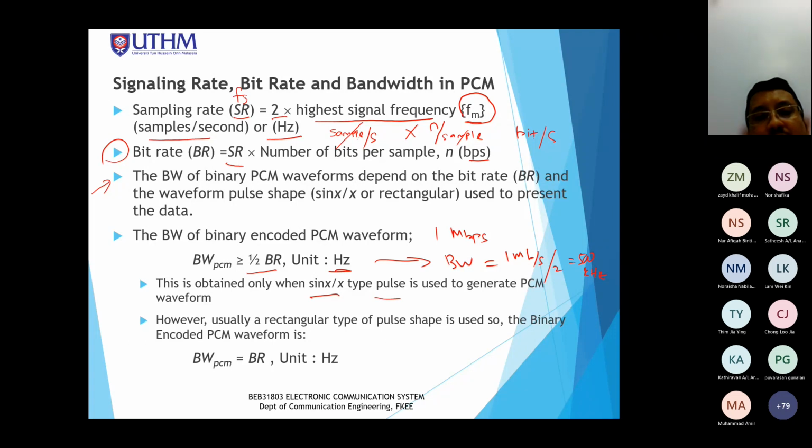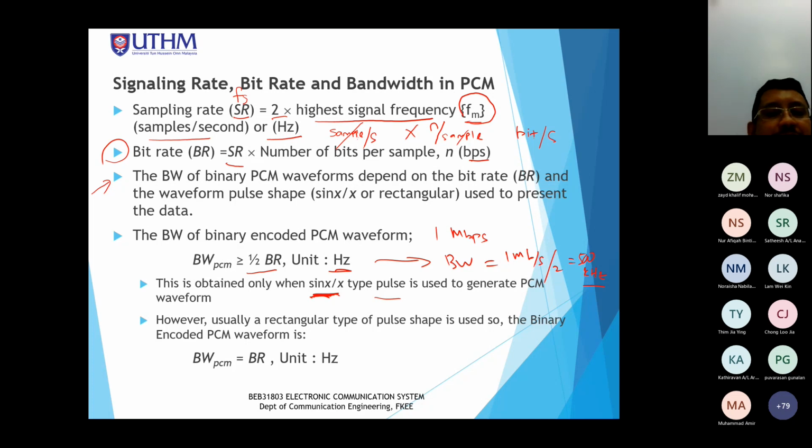Remember, this is the type of pulse that we use during the sampling process. We remember that we have the impulse sampling and so on. So if you use a sinc function during the sampling process, we're going to produce the minimum bandwidth of PCM, which is half of the bit rate, but the unit is in terms of hertz.